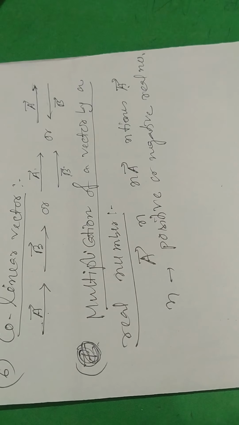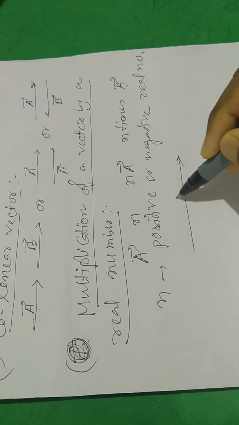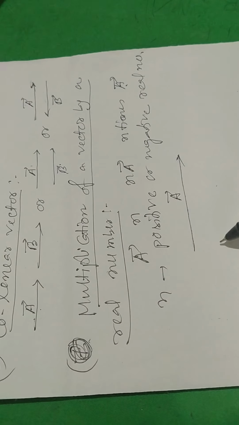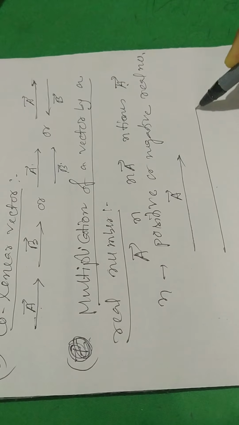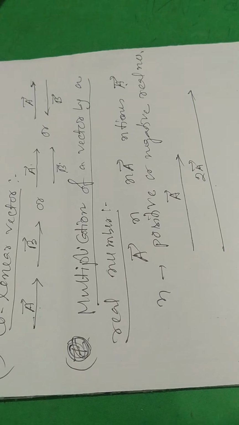So for multiplication of a vector, say I am showing you, say this is a vector, and this vector is multiplied by 2. Then this vector will be 2 times larger, 2A.